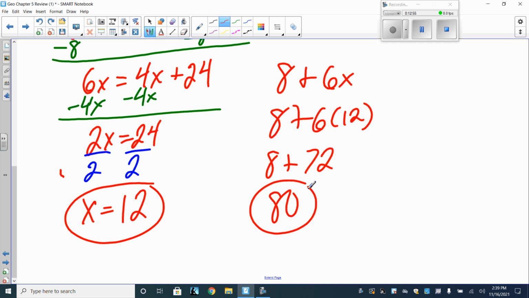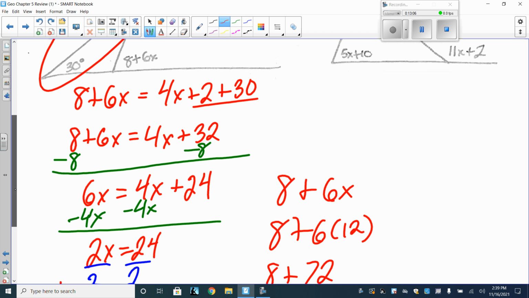Questions on this here? Is it alright if I move that there so I can see what I can see? Yes, please. Why did you circle the 30 and the 4x plus 2?